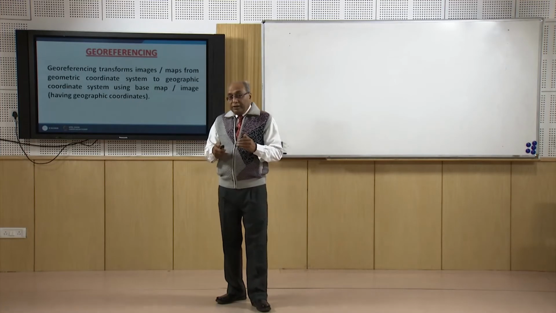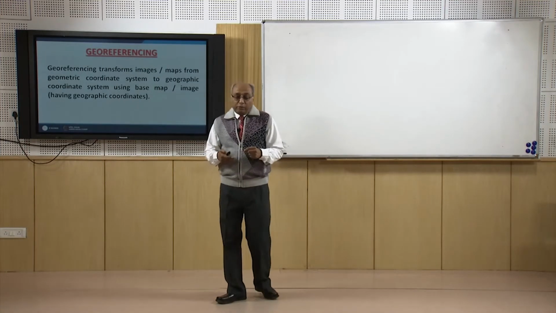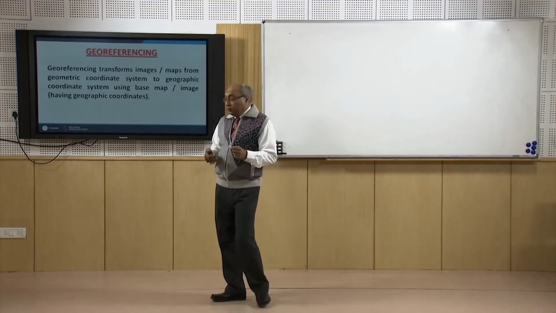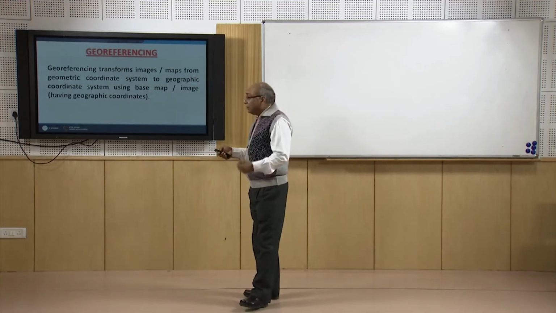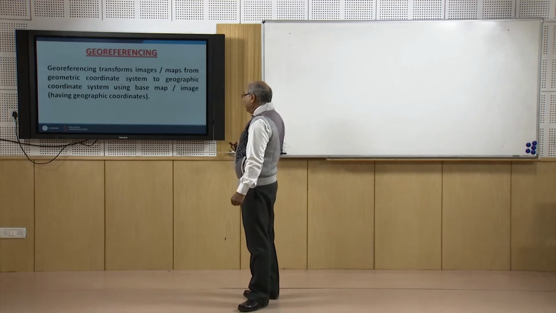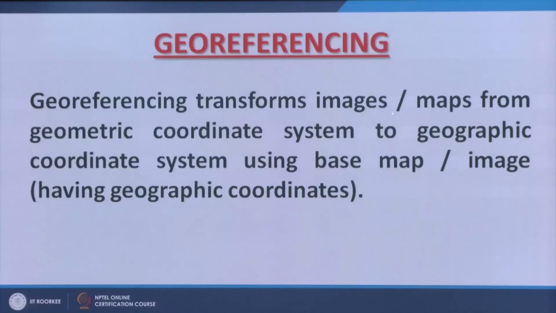Then we are looking for a very highly accurate georeferencing process or technique, and therefore we need to transform our satellite images, whatever they are coming from different satellites, or maps, because on a GIS platform we handle a lot of maps also.